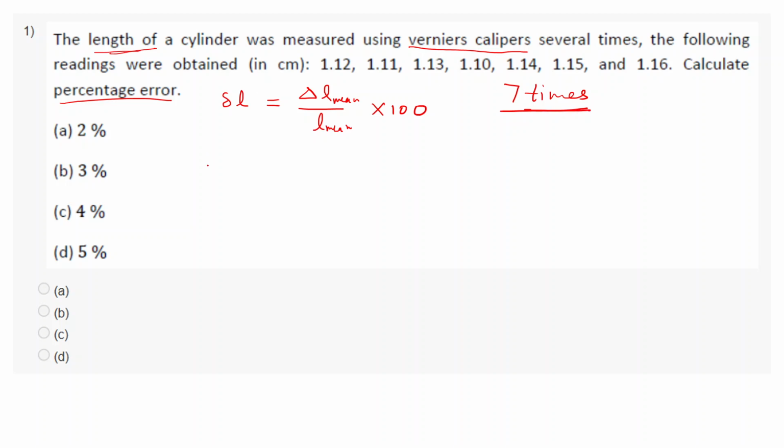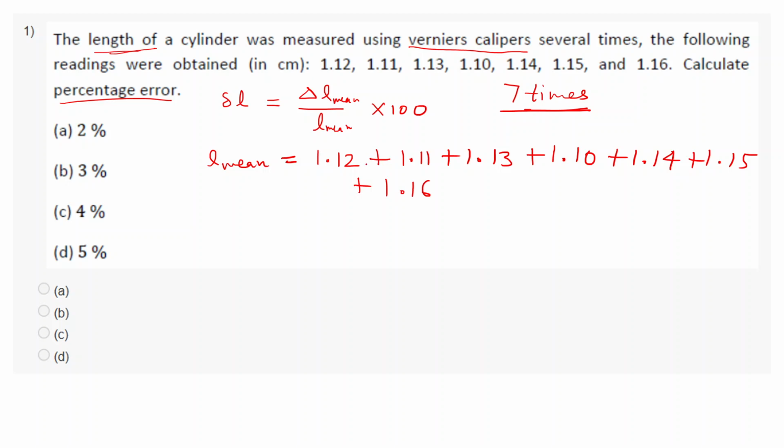So the mean length will be the average of all these values. From next time onward we can do it quickly. Here I just want to show you all the steps so that you understand how it has to be done. Plus 1.16. The same thing is measured many times and these are the different values we are getting. So the mean length will be the sum of all these measured values divided by the number of times the experiment was done, which was 7.